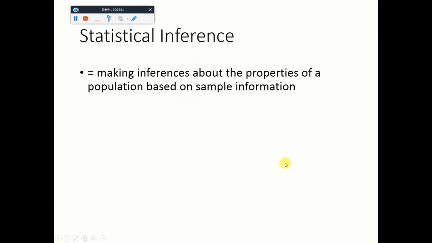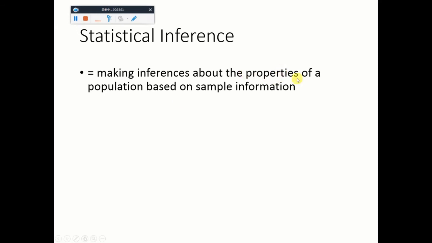So now we can have a more formal definition of statistical inferences. Statistical inferences is essentially to make guesses about the features of a population based on sample information. Here I did not say mean or anything else.